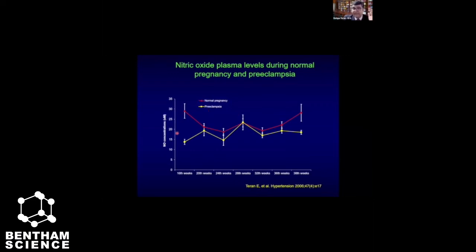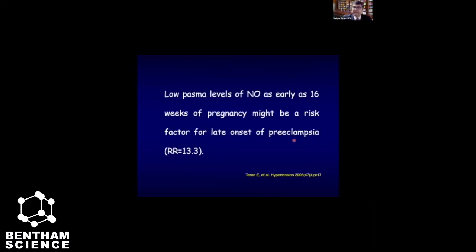And that difference is again reproduced at the end of pregnancy. So we were able to show that if we can measure nitric oxide very early in pregnancy, we can get one of the most sensitive detectors of risk for later development of preeclampsia.